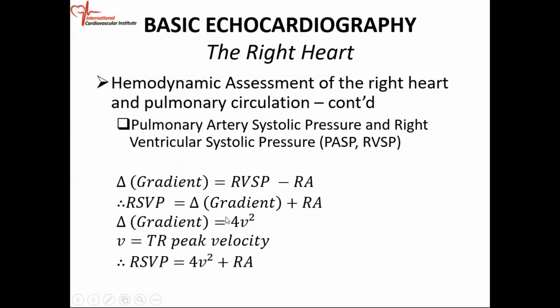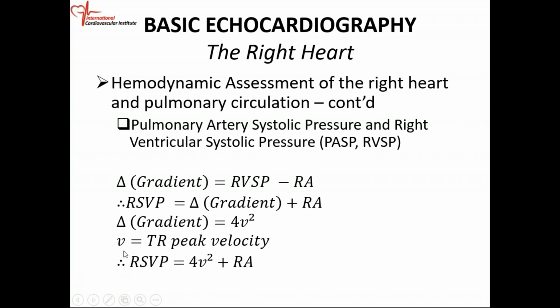So we square the velocity, multiply by 4, and then add the right atrial pressure. We went over how to get the right atrial pressure. If the IVC is normal, you're going to have 3 for right atrial pressure. If the IVC is more than 2.1 centimeters, with less than 50% inspiratory collapse, and all the other findings that we mentioned, then RA pressure is 15. So you add 15 to that.